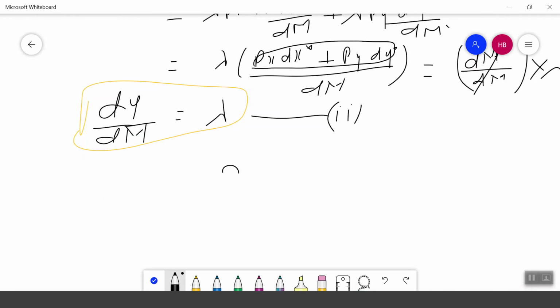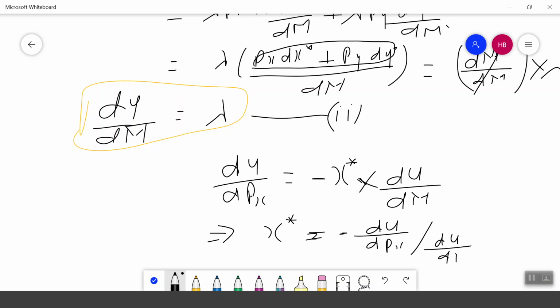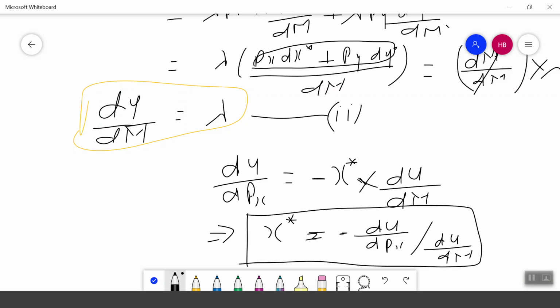So that becomes du by dpx is equal to minus x star into lambda, which is du by dm. Now this will give you x star equal to minus du by dpx divided by du by dm, which is nothing but your Roy's identity. This is the equation for Roy's identity.